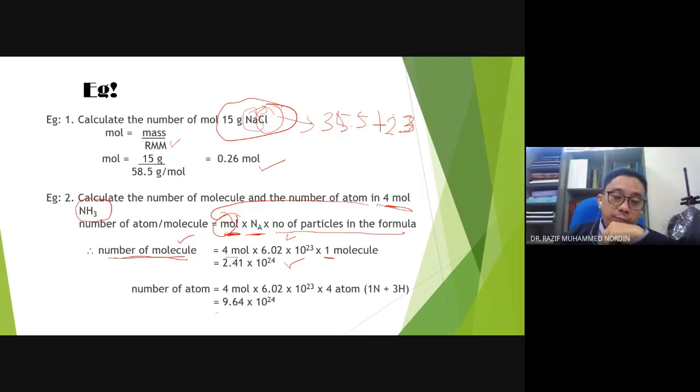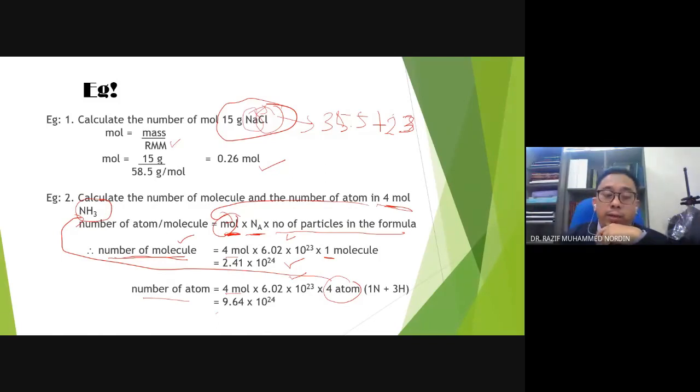But then, number of atom in a molecules, for this case NH3, moles still sama, based on soalan given to you. Avogadro number fix, and the atom, 4 atom ni come from NH3.